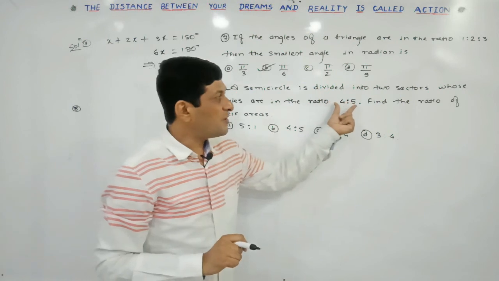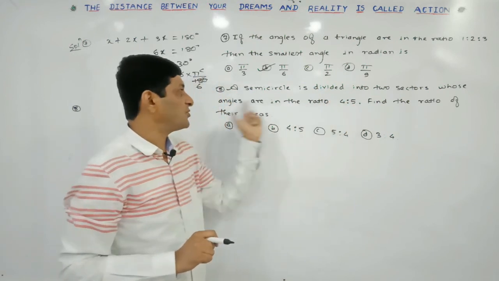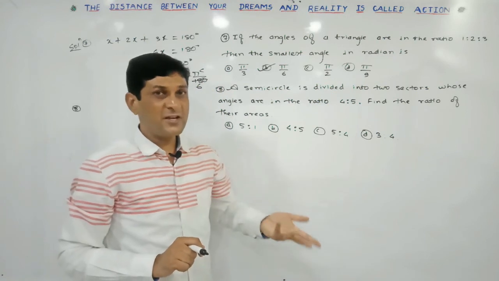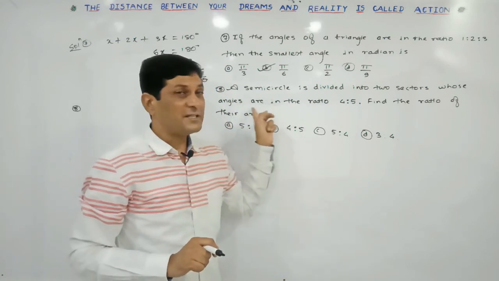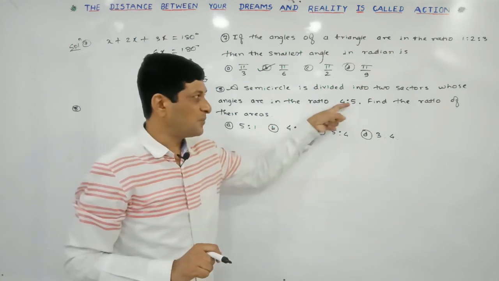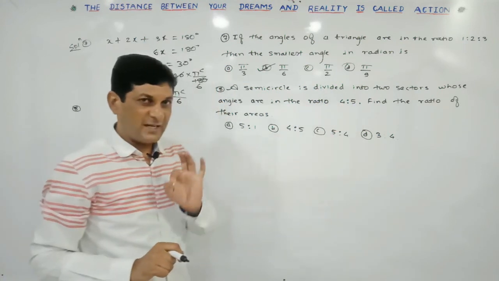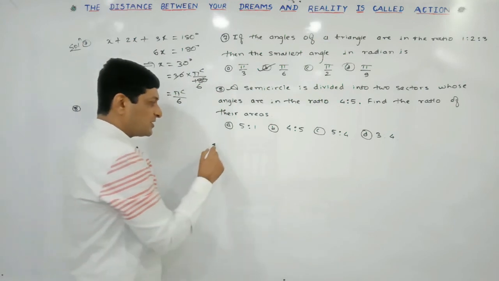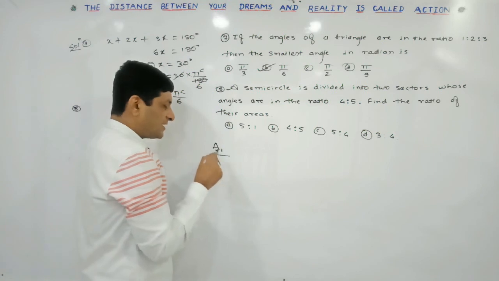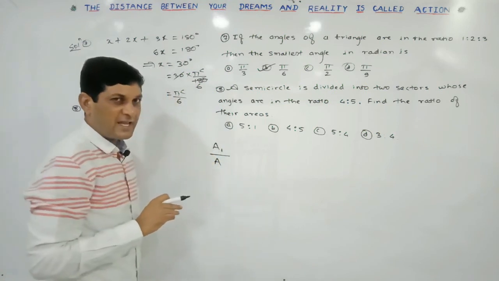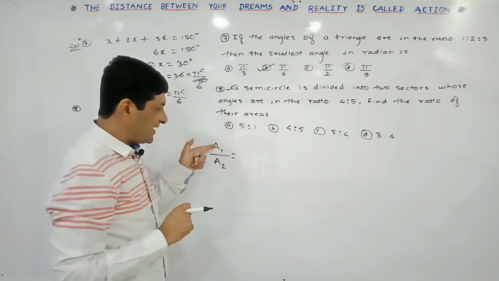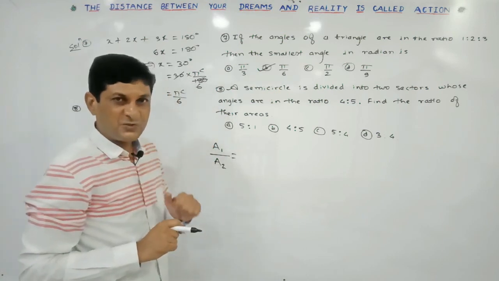So here a ratio of angles is given to us. This is the ratio of the angles of the corresponding sectors, and we know that the ratio of the areas of sectors equals the ratio of their corresponding angles, so our answer is the same, 4:5. But let us try to solve it. Let us denote the area of the first sector by A1 and the area of the second sector by A2, and we are finding the ratio of the areas of these two sectors.